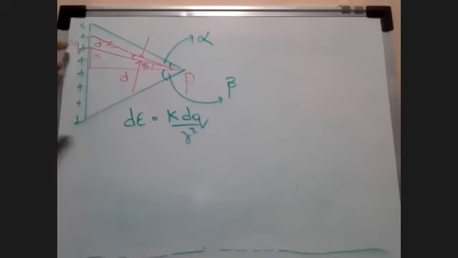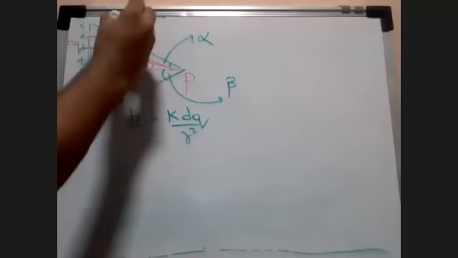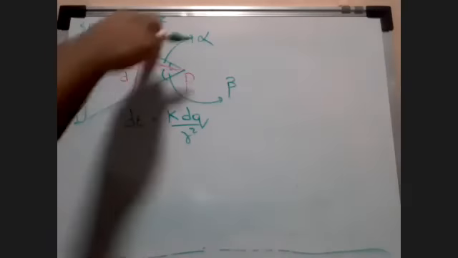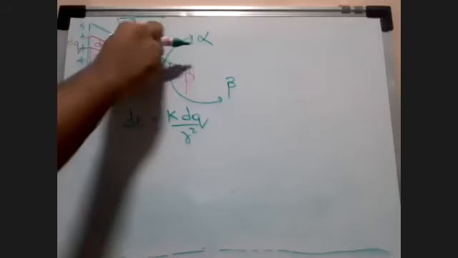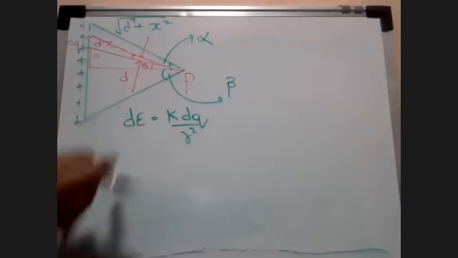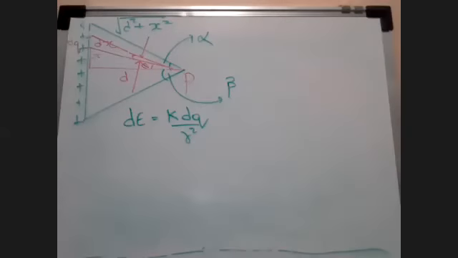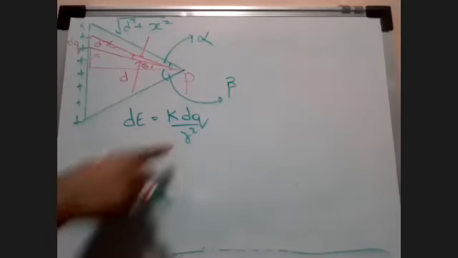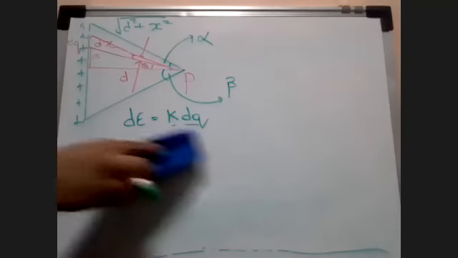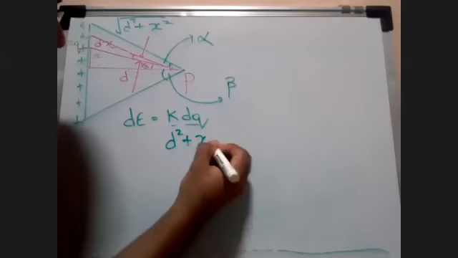The distance between this charge and this charge will be root of d square plus x square. I hope you're understanding. This is d, this is x. So we will substitute that in place of r square, and write d square plus x square.